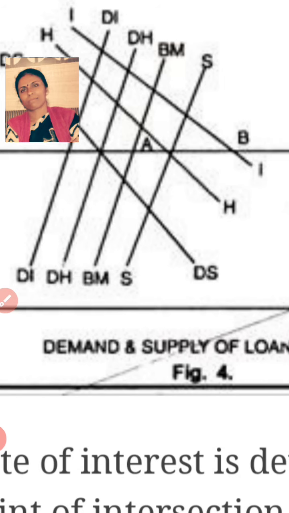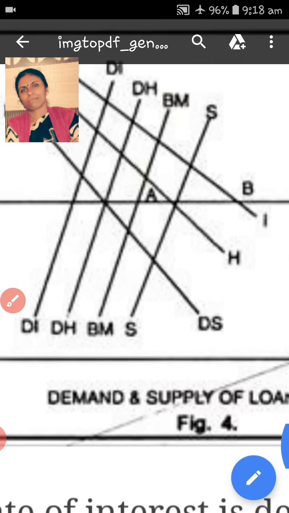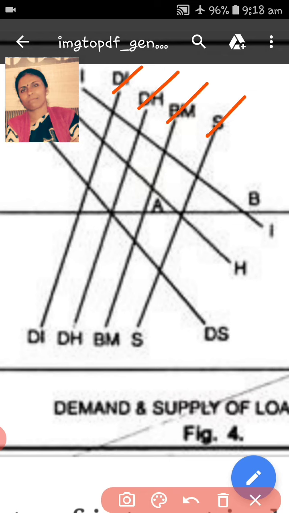The demand curve slopes downward, this is for saving given here, and this is for hoarding, and this is for investment purpose. And come to the next one, the supply curve rises upward. See here, this is for DI, that means investment, and this is for hoarding, and this is for bank money, and this is for supply.